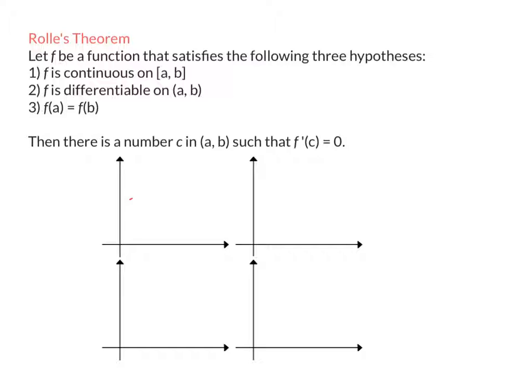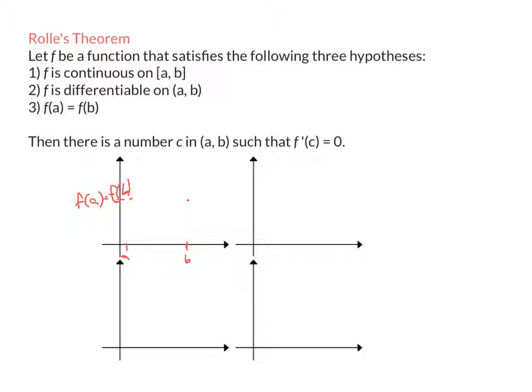In my first graph here, I'll have a and b. Remember, their outputs have to equal each other, so they have to be at the same value right here. So this is f of a and f of b both.